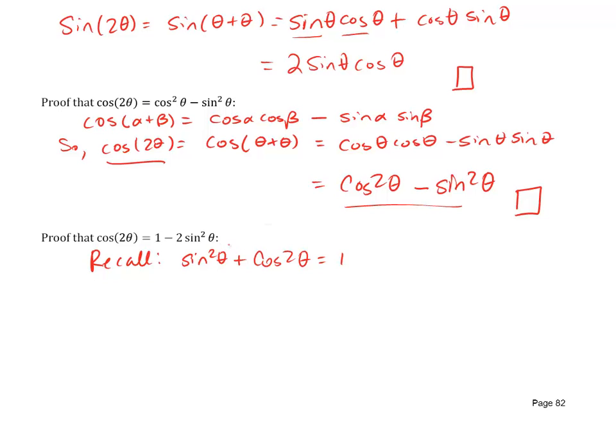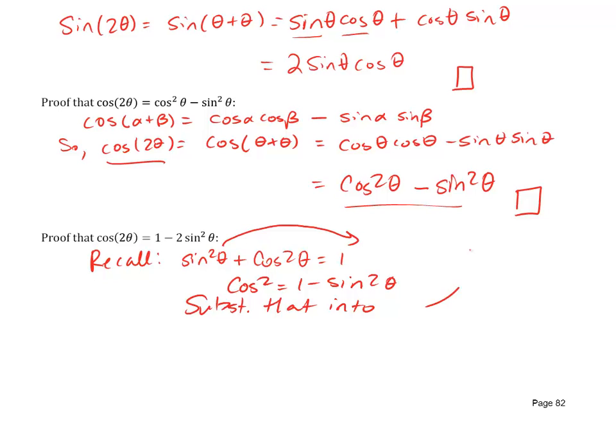I'll take the sine squared to the other side. So cosine squared would be 1 minus sine squared of theta, right? Now we're going to substitute that into this earlier identity here.